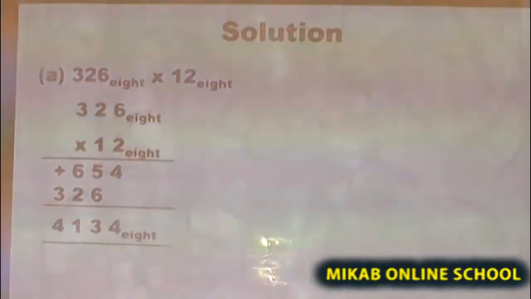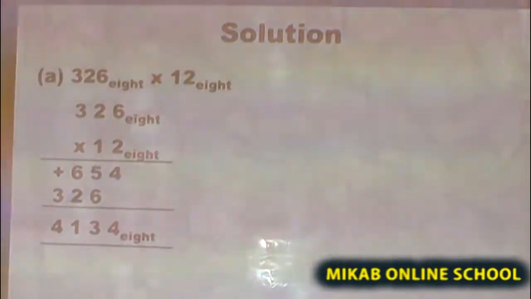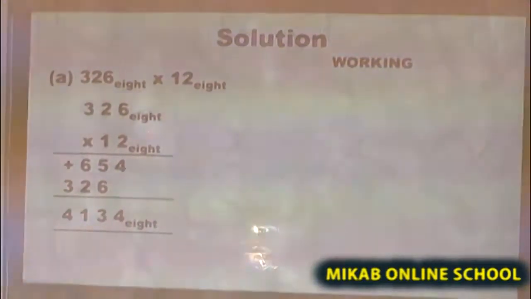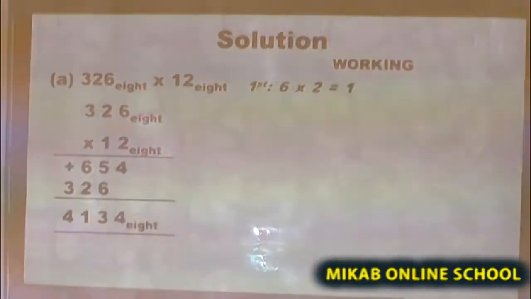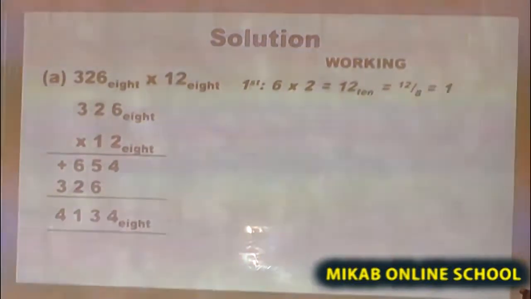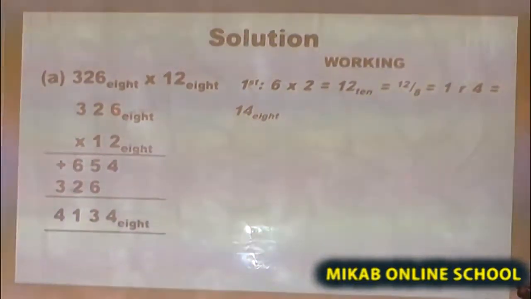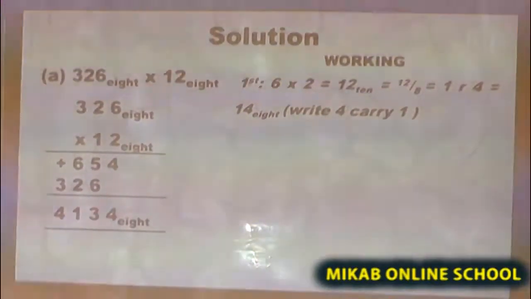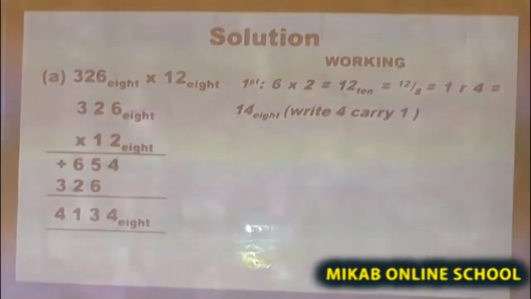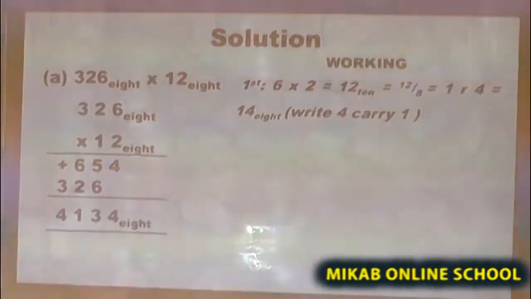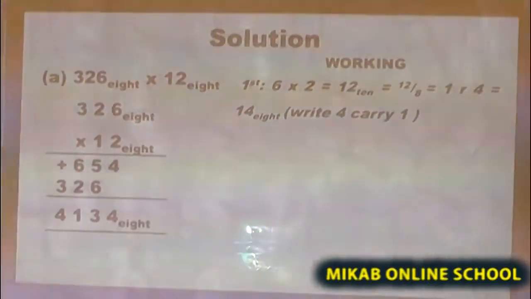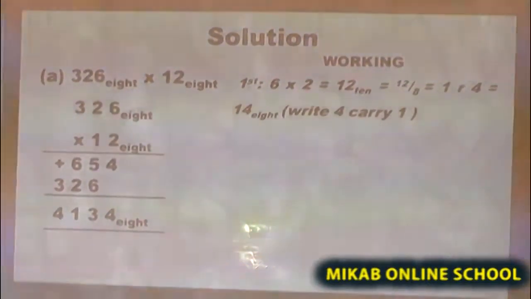Now, firstly, if you look at the first column, we have 2 times 6, just like our normal long multiplication. 2 multiplied by 6 will give 12 in base 10. Now, because we are not working in base 10, 6 multiplied by 2 will not give us 12 in base 8.